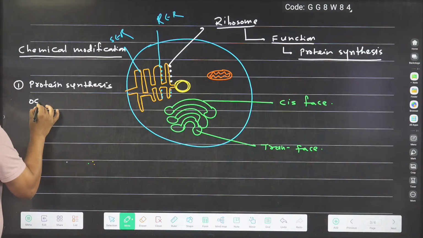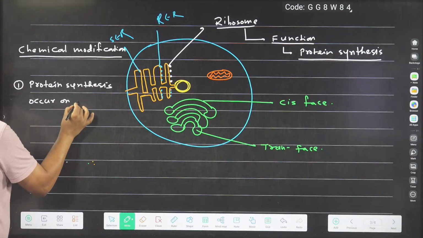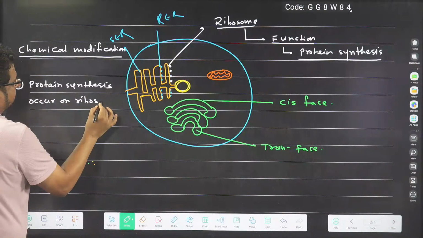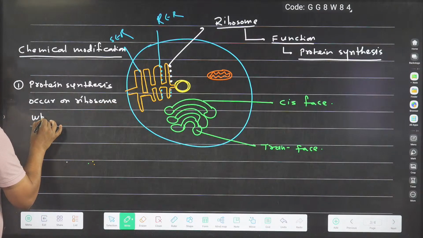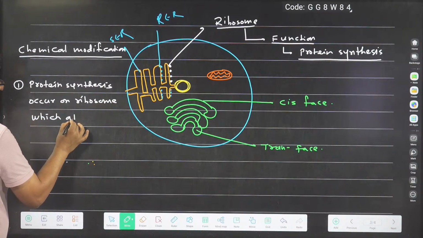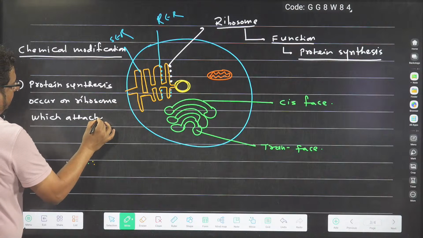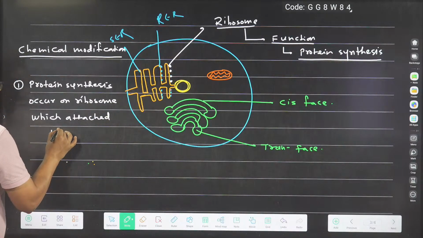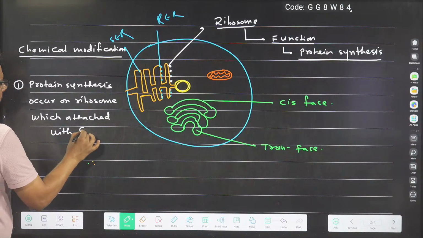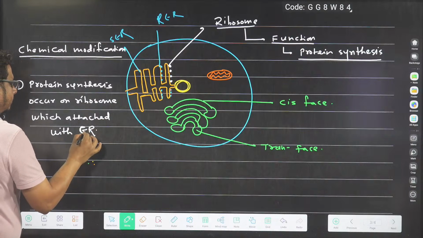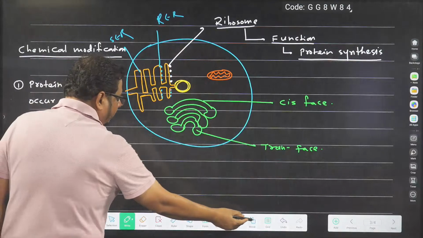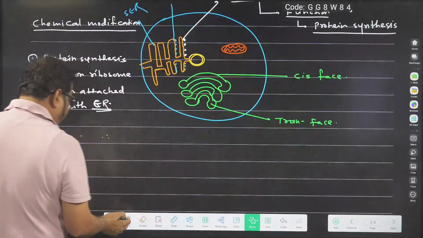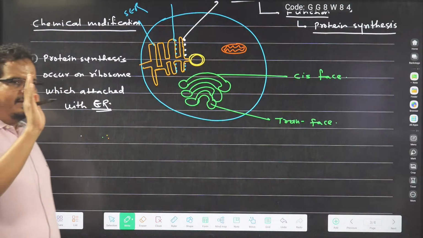occurs on ribosome which is attached with endoplasmic reticulum. ER does not do protein synthesis. The ribosome attached with ER does the protein synthesis. Are you getting the difference or not?